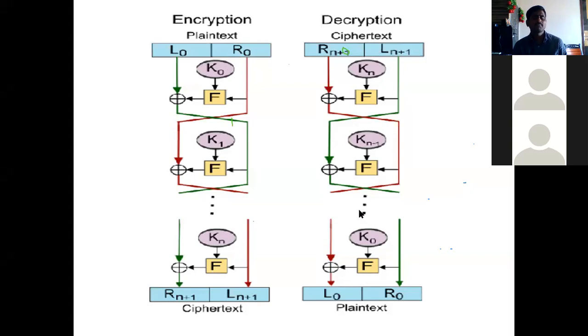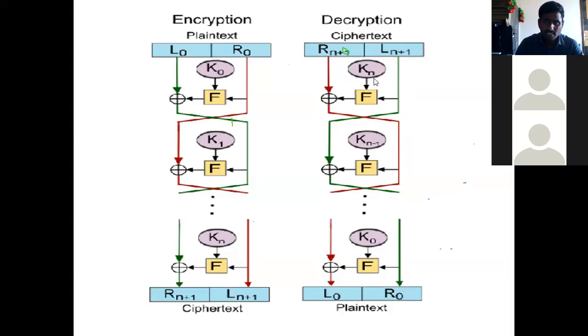So for performing the decryption process, we take the round function on Ln plus 1 data with Kn, we get an output, and with this and Rn plus 1 we perform exclusive OR, and that output is given as an input to the right hand side, and this data is given to the left hand side.